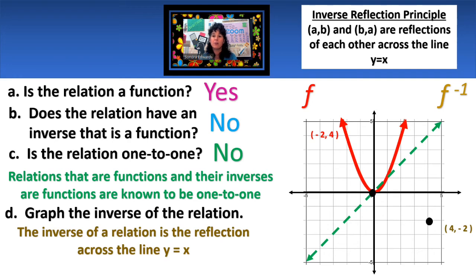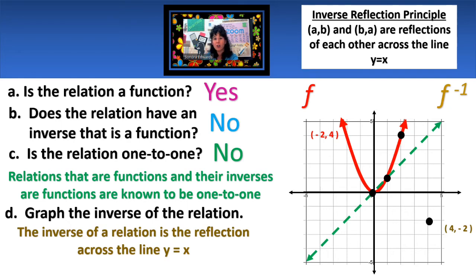So here's another point on that f function, but notice we're right on top of the y equals x line, so when I go to reflect it, it doesn't go anywhere. So that would be my next point. Continuing along that f function, I get to this point, which also happens to be on the y equals x line. So when I reflect it, it's not going anywhere. Then let's do one more point.